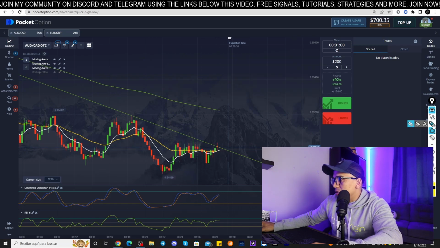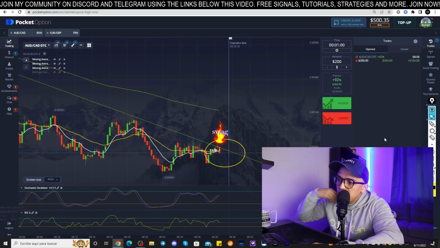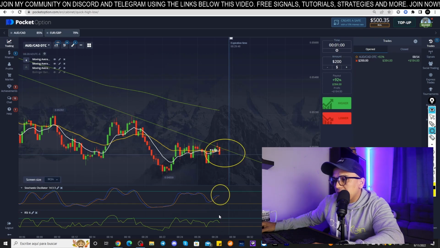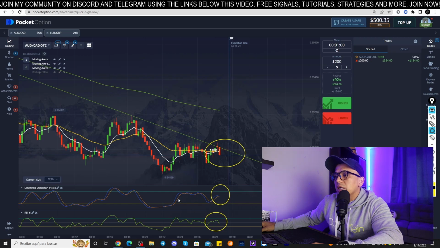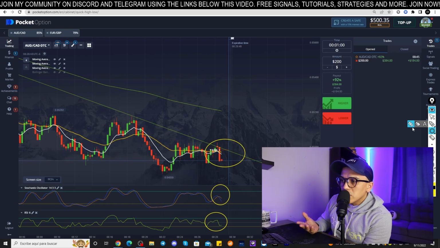You can see it crossed right now. So we trade for $200, and we have the trend, the stochastic, and the RSI. So we have good confirmations with this second trade. We take it right now with this strategy.